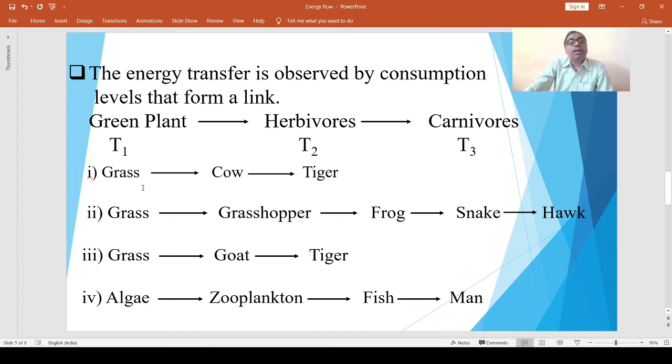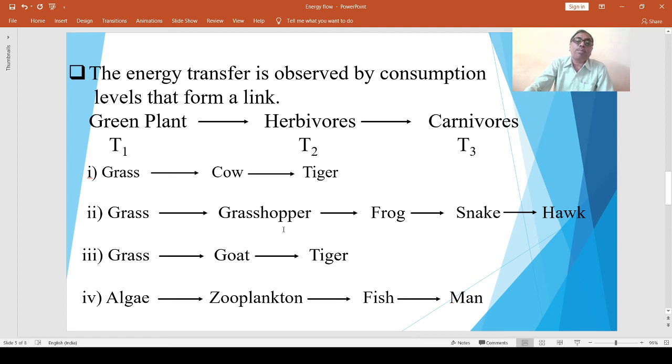For example, grass, cow, tiger. Here, grass is a prey of cow. Cow is a prey of tiger. Here, tiger is a predator, cow is a prey. Then grass is consumed by grasshopper.